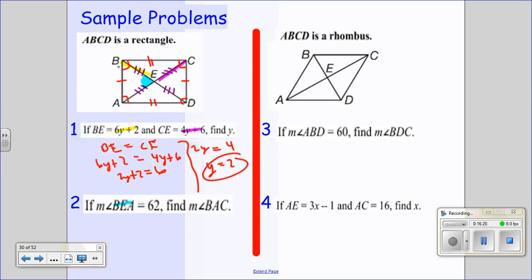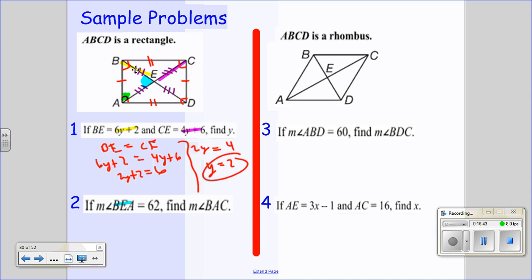If I trace it, B to A to C will be this angle in this corner. Now, this is an isosceles triangle BAE.